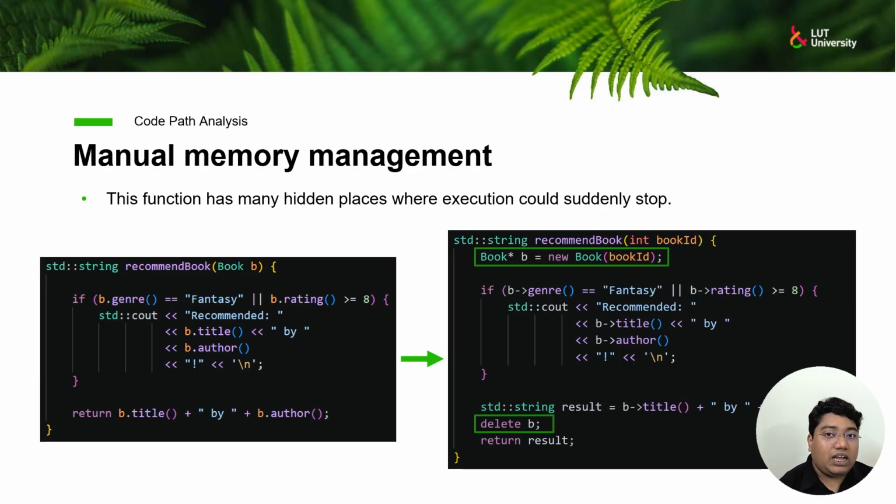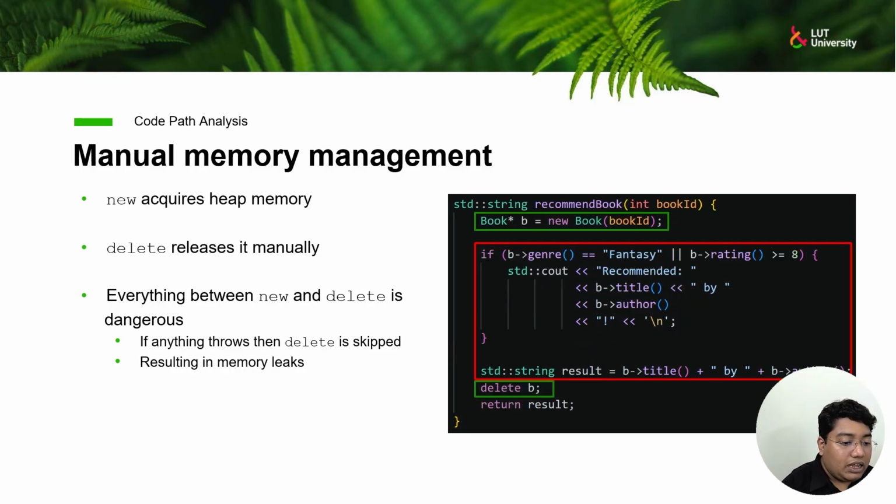Notice how fragile this design is. New acquires memory from the heap, and delete gives that memory back. Between those statements, our program is vulnerable. Every function call, every allocation, every operation that might throw, all of them create opportunities for execution to leave the function early.